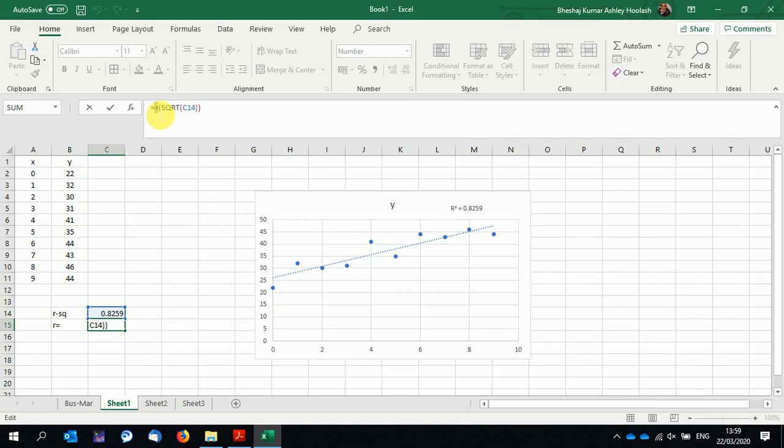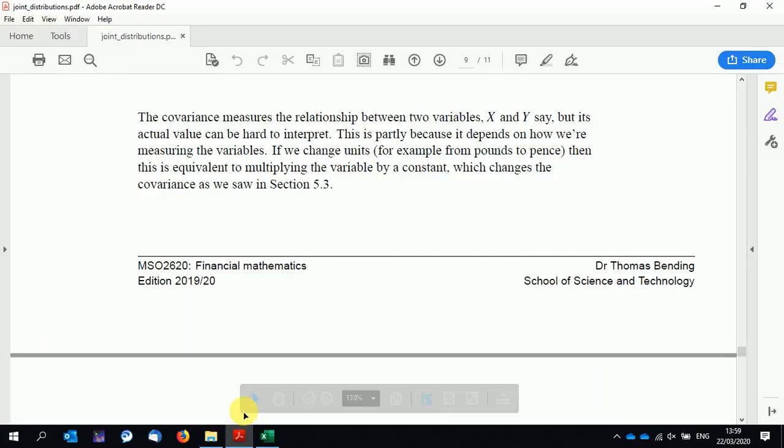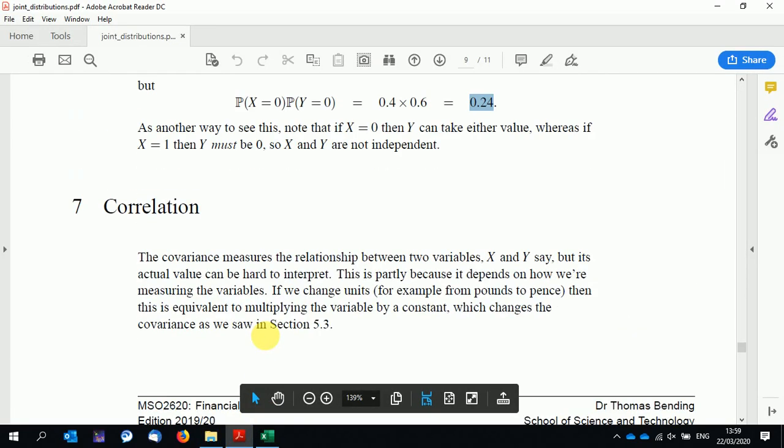If the line was going downward, a negative gradient, then manually you have to put a minus yourself. So that would be my coefficient of correlation. You know how to get this, the square root of r squared, and I've just written in our 3 decimal places here. So let's see how we can find the relationship between r and covariance.